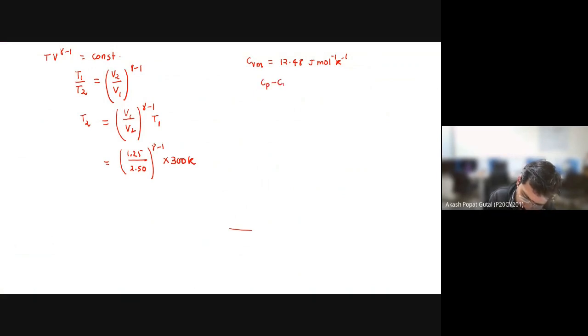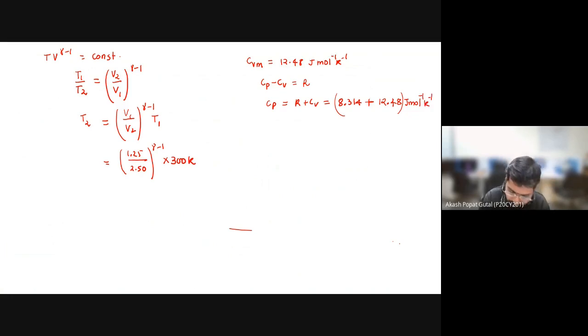Cp minus Cv is equal to R. So we can calculate Cp is equal to R plus Cv, which is 8.314 plus 12.48 joule mole inverse Kelvin inverse.